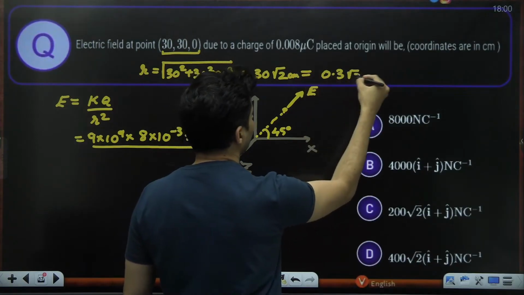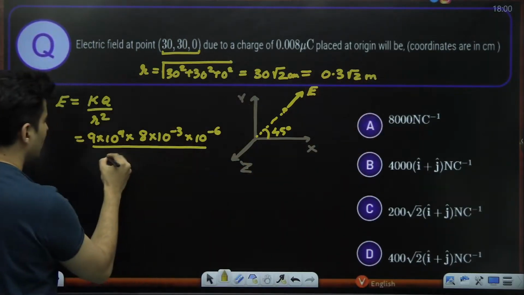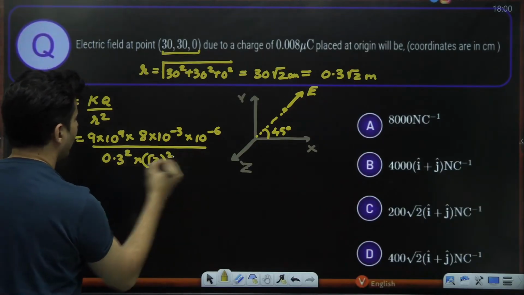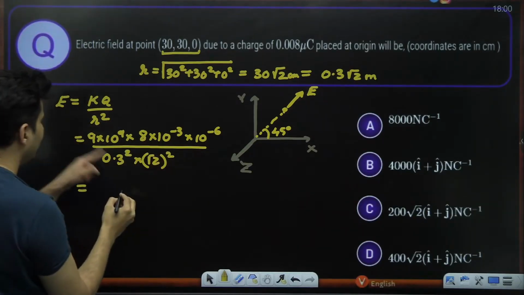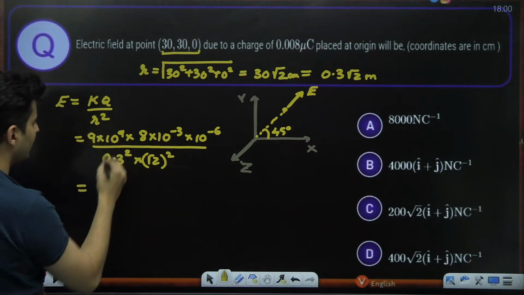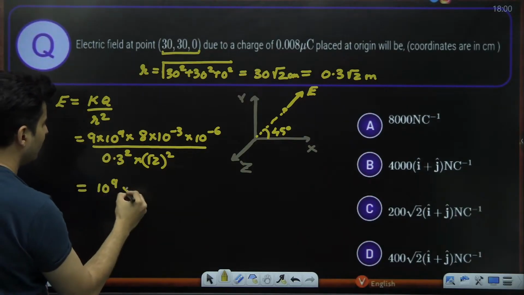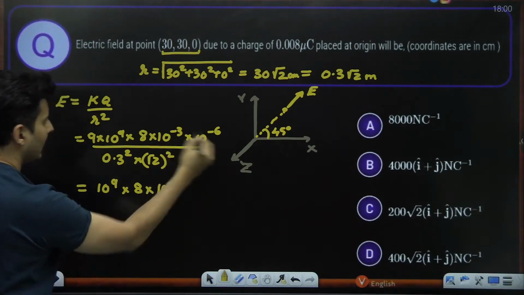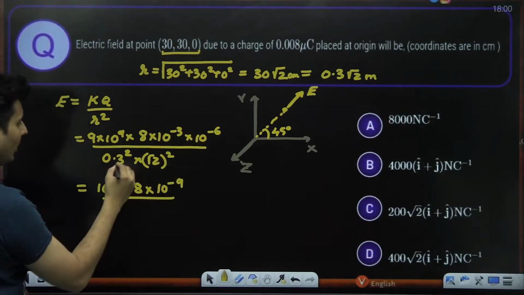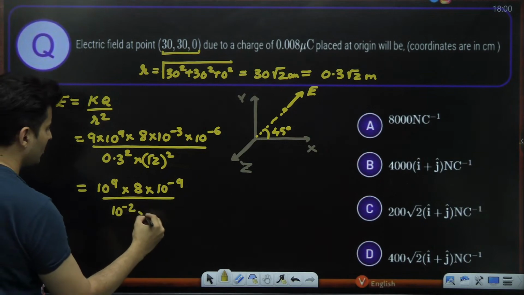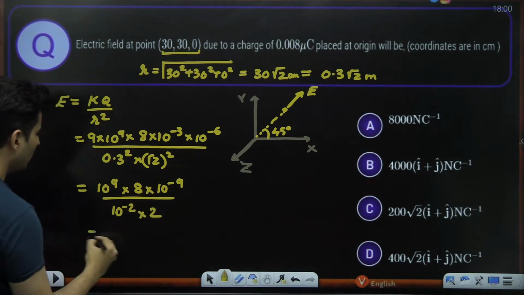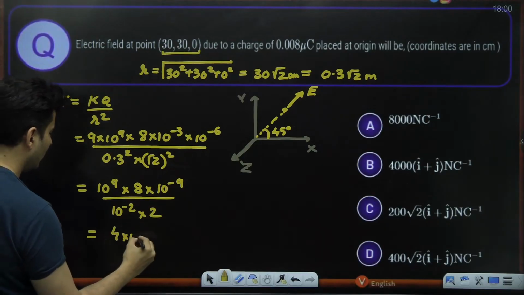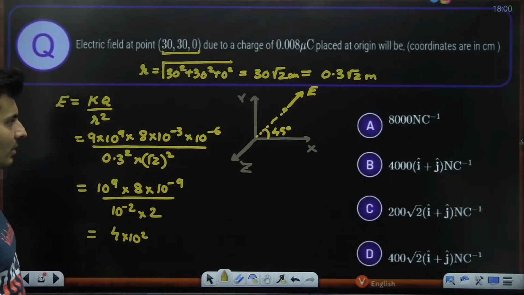So this is 0.3 root 2 meters, so it will be 0.3 squared multiplied by root 2 squared. 9 and 3 squared will cancel, so 10 to the power 9 will remain, 8 will remain, and this becomes 10 to the power minus 9, and 0.1 squared is 10 to the power minus 2. Root 2 squared is 2. So 9 and minus 9 cancel, 8 and 2 cancel, so 4 into 10 to the power 2.